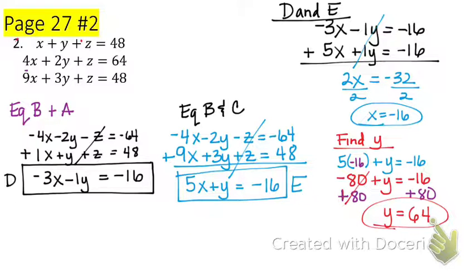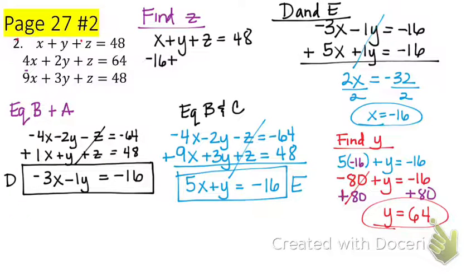So now I'm going to find Z. And I think it's easiest to use this first one that says X plus Y plus Z equals 48. So we know X is negative 16. I know Y is 64. I don't know Z. So go ahead, take a minute and solve that for Z.